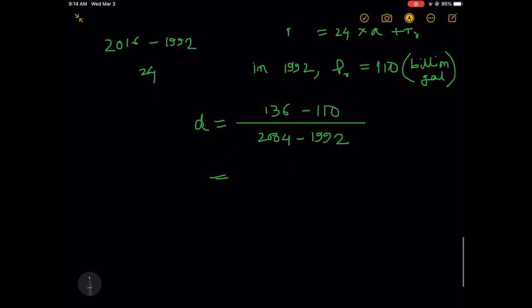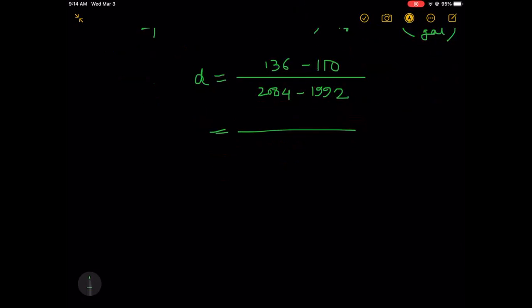Yeah, and it would be 26 over 24, and it would be 26 over 24, which is 1.08.